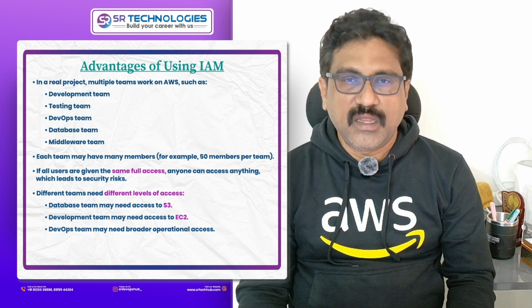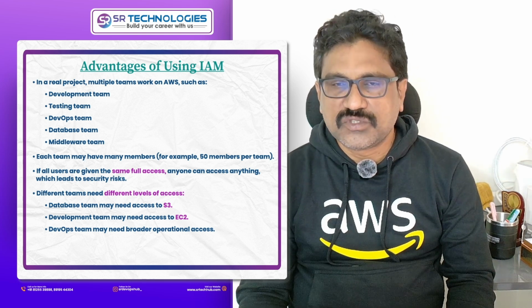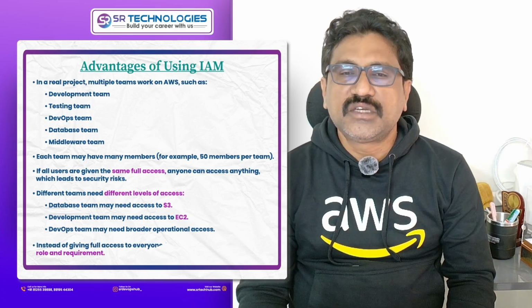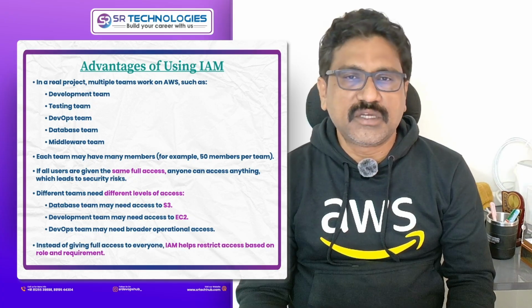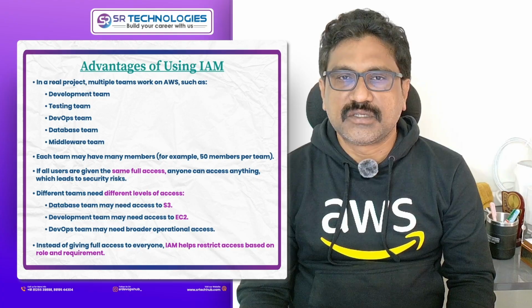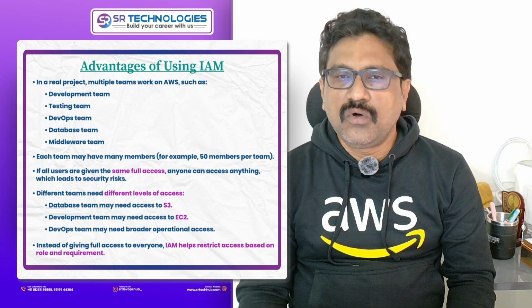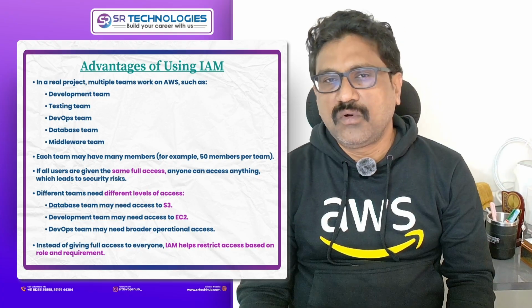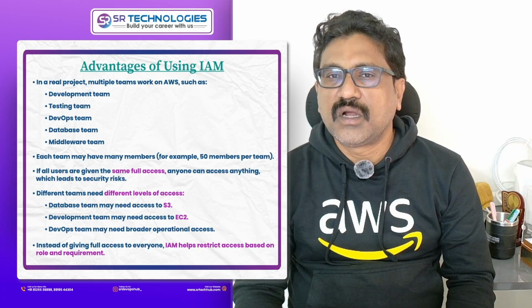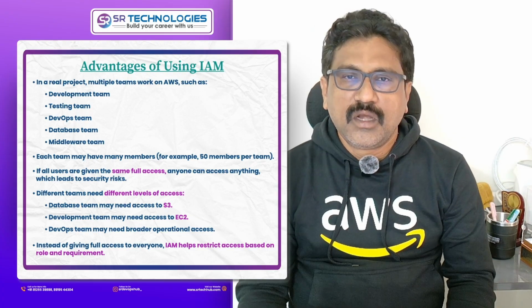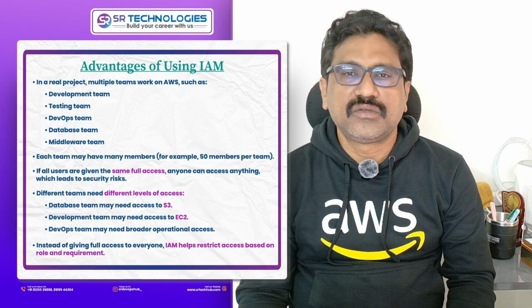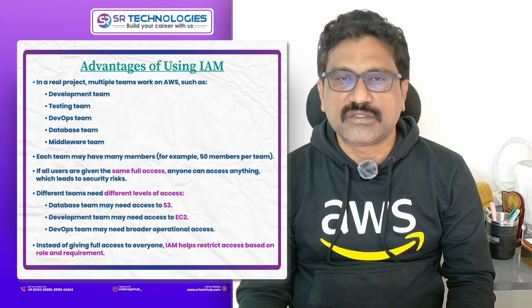The development team needs access for EC2 instances. In this case, instead of giving full access to all the teams and team members, you can restrict. You can give only S3 access to the database team. Also, you can give only EC2 access to the development team. To restrict the access like this, you have to use IAM concepts.